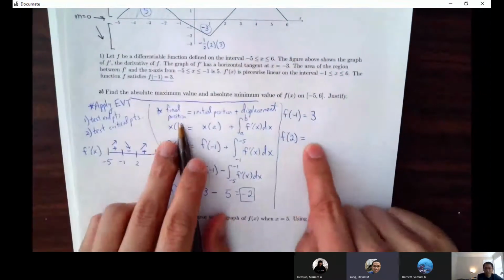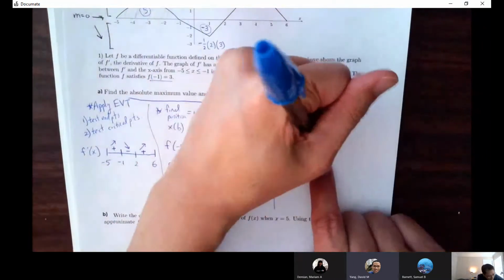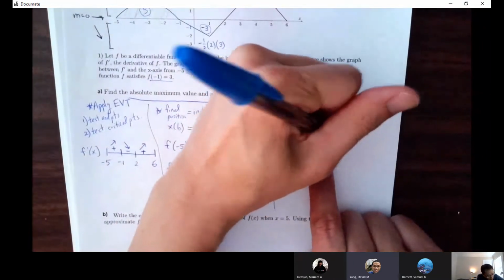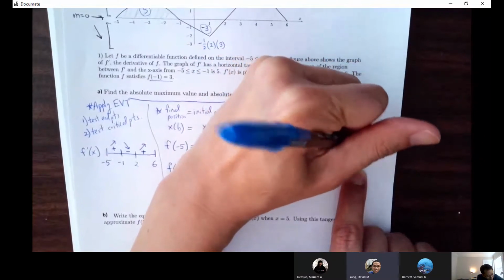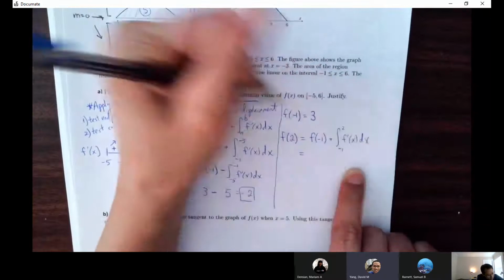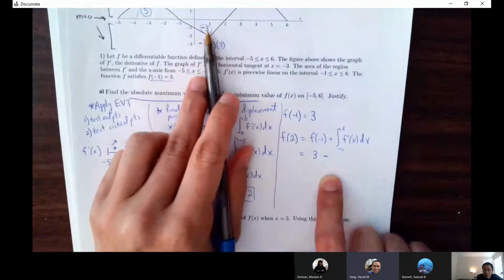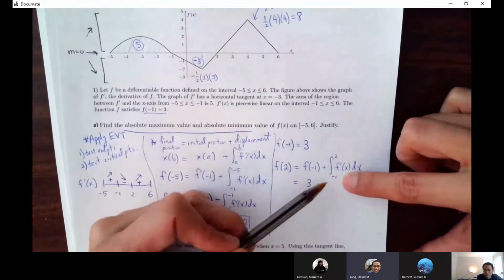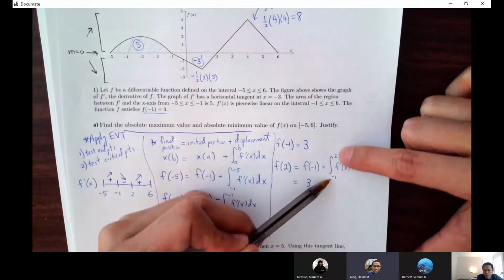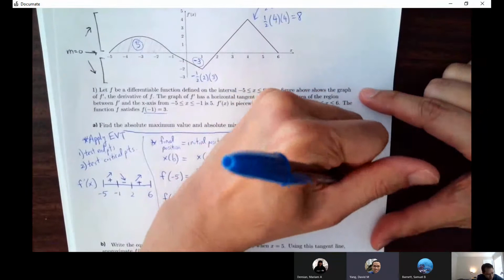So f of 2 is the initial starting point, which is always going to be f of -1, plus how much progress I made between -1 and 2, and that's just the area under the graph. Between -1 and 2, we see that region is -3. This is going from smaller to larger, so there's no need to adjust the bound there. Okay, so f of 2 is 0.